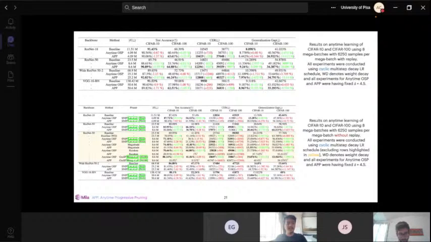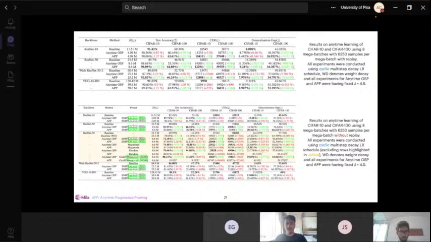But irrespectively, we see the same trend that APP is not able to perform realistically well enough as compared to OSP and baseline when there is no replay involved. And we do have some intuitive hypothesis into why this is happening, but this is just a concrete analysis to prove that it is actually the case.